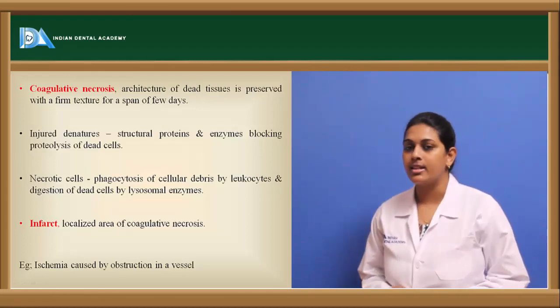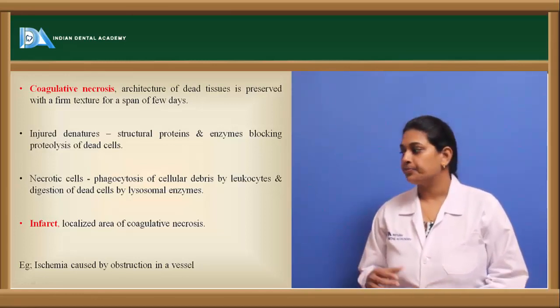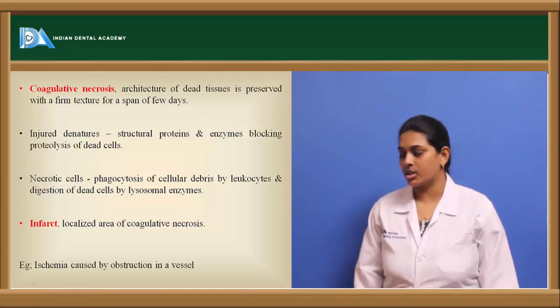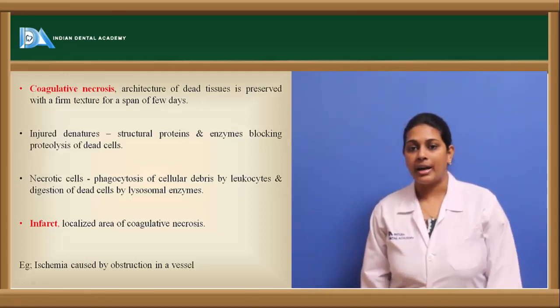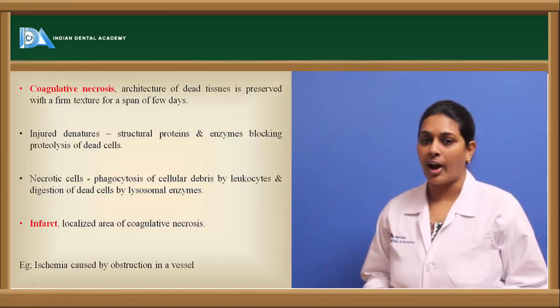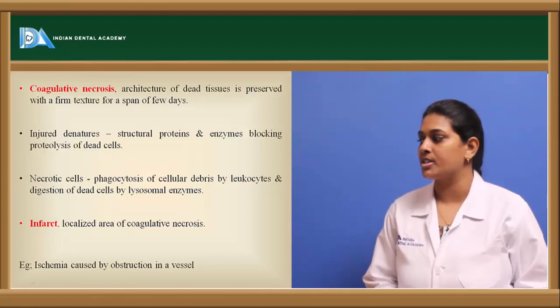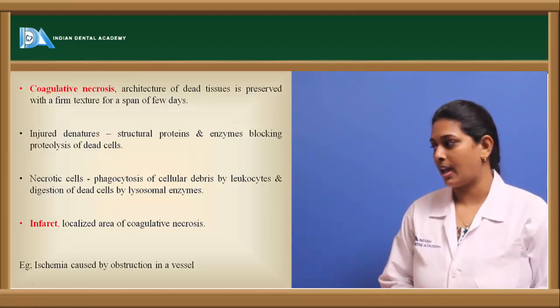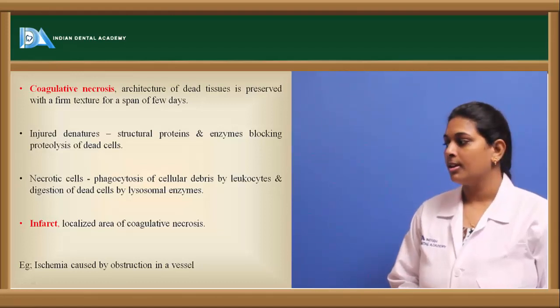The necrotic cells in coagulative necrosis can be identified microscopically. You see phagocytosis of the cellular debris by leukocytes in the area of the cell debris, and there will be digestion of the dead cells with lysosomal enzymes, the same method as we have discussed in necrosis.